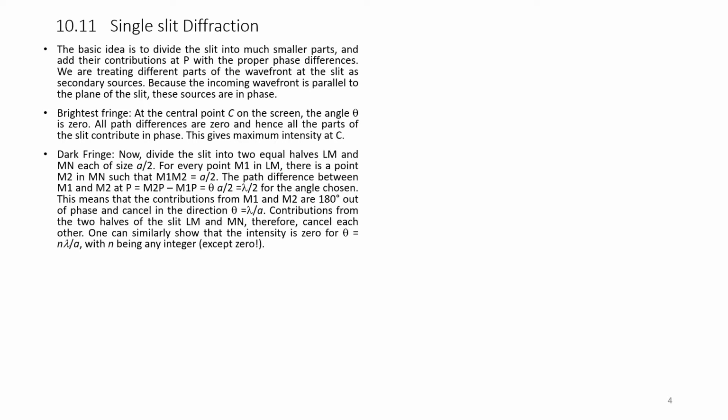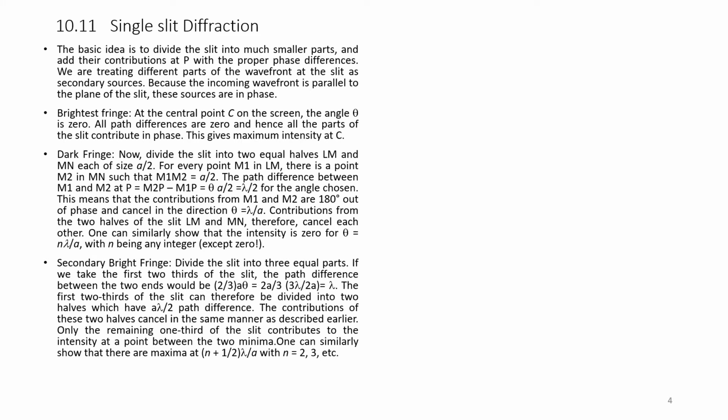This means the contributions from M1 and M2 are 180 degrees out of phase and cancel in the direction theta equal to lambda by a. Contributions from the two halves of the slit LM and MN therefore cancel each other. One can similarly show that intensity is 0 for theta equal to n times lambda by a. That means we have analyzed for n equals 1, but it is true for any other integer value of n, except n equal to 0.